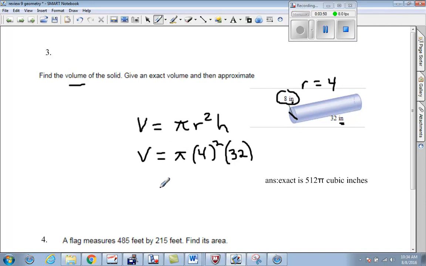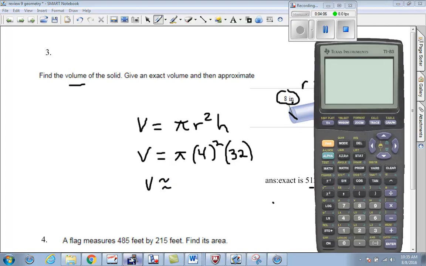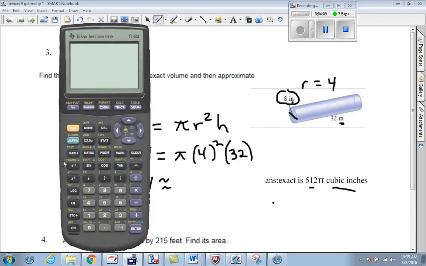All right. Now, 16 times 32, that's where we're getting the 512 pi for exact cubic inches. We can go ahead though and approximate this, and I wanted to show that it's okay to use our calculators for this segment.